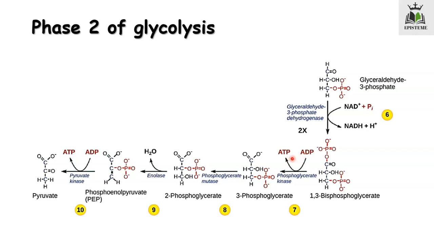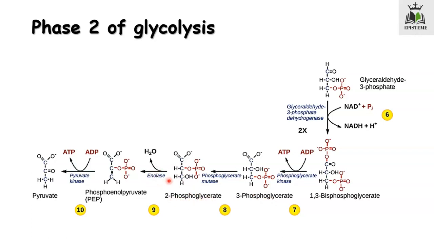The phosphate on carbon number 1 of 1,3-bisphosphoglycerate is added to this ADP to convert it into ATP, and as a result the leftover compound is 3-phosphoglycerate. Next we have phosphoglycerate mutase, which will convert 3-phosphoglycerate to 2-phosphoglycerate.